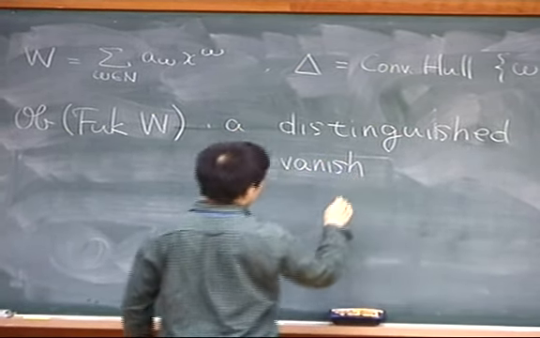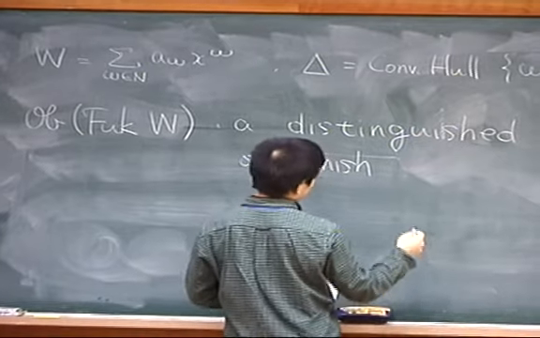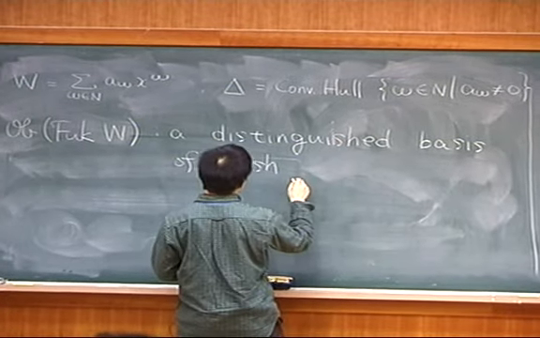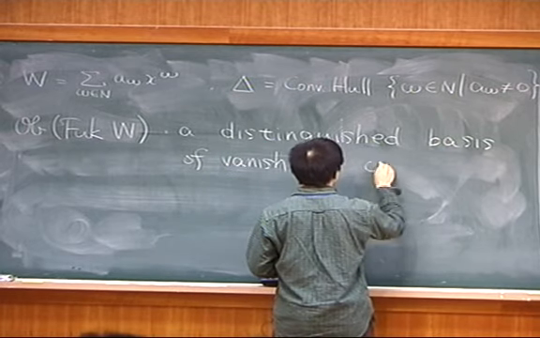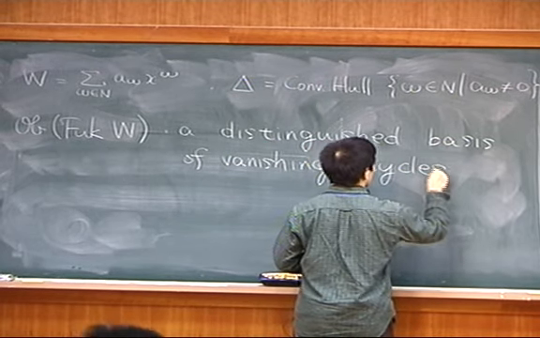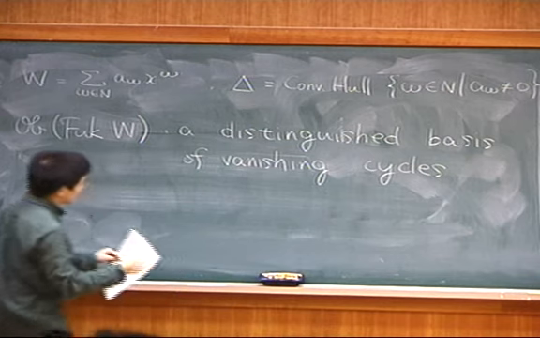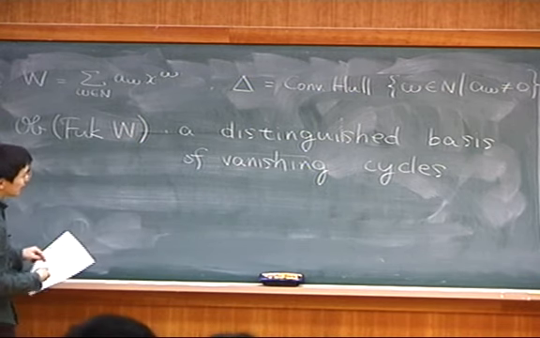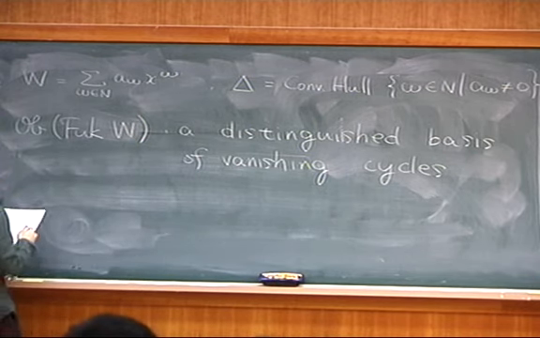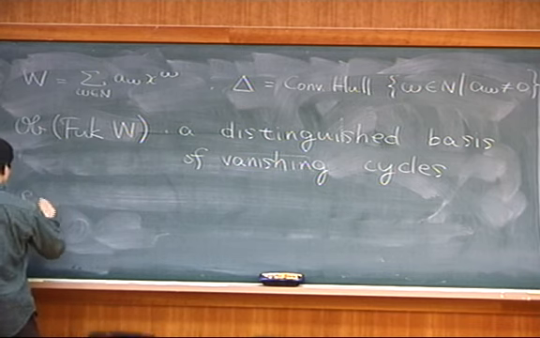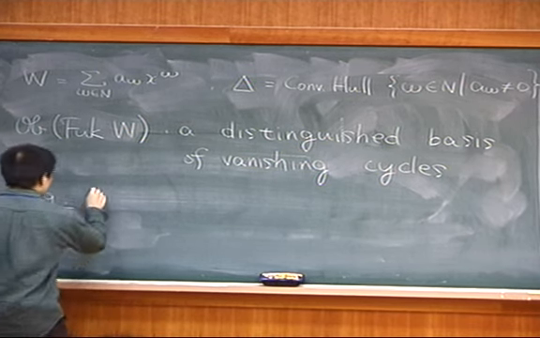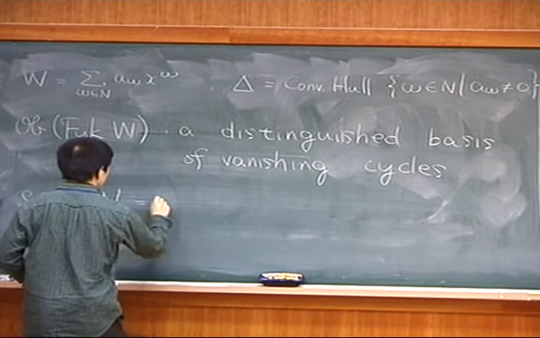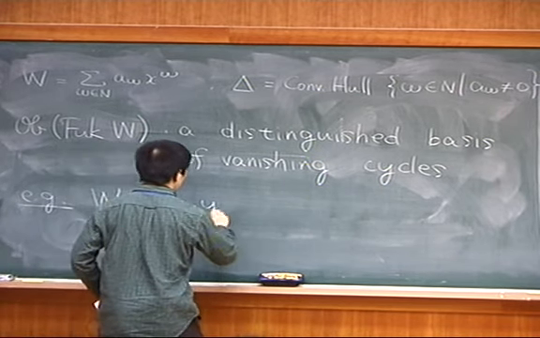Well, I will discuss vanishing cycles shortly in an example. And the spaces of morphisms are Lagrangian intersection Floer complexes. And so, as an example, let us discuss the case when W is the mirror of P2.